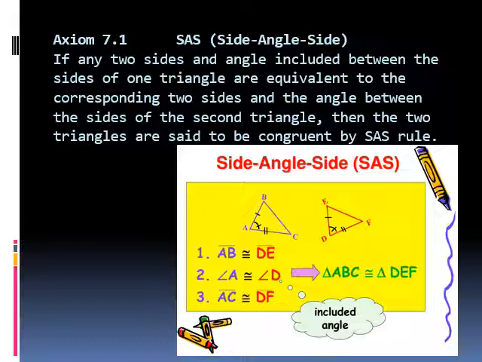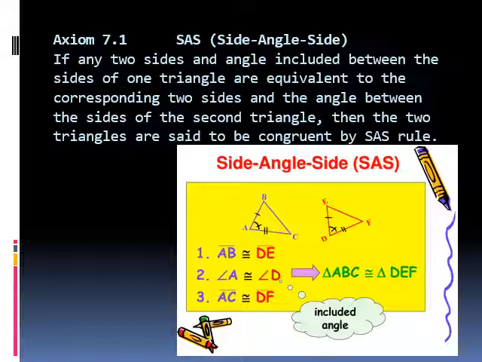So what it says, you already know about it. If two sides and the angle included between the sides of one triangle are equal to the corresponding two sides and the angle between the sides of the second triangle, then the two triangles are said to be congruent by the SAS rule.